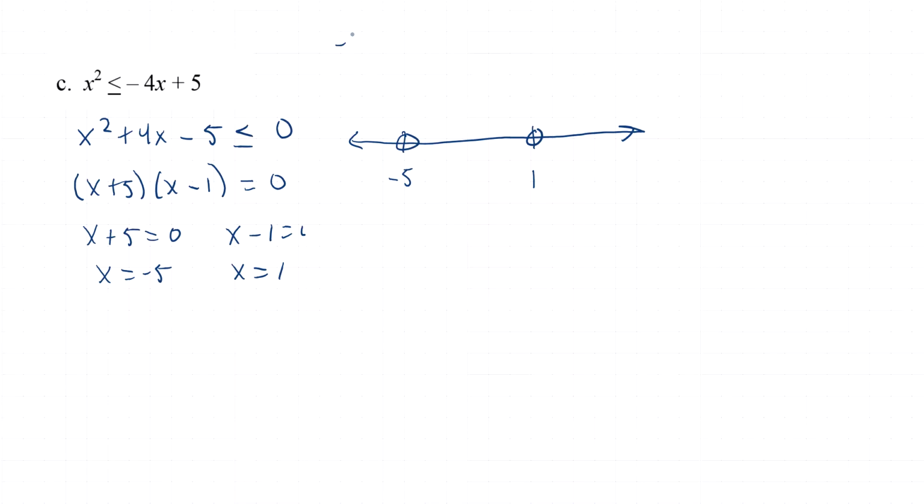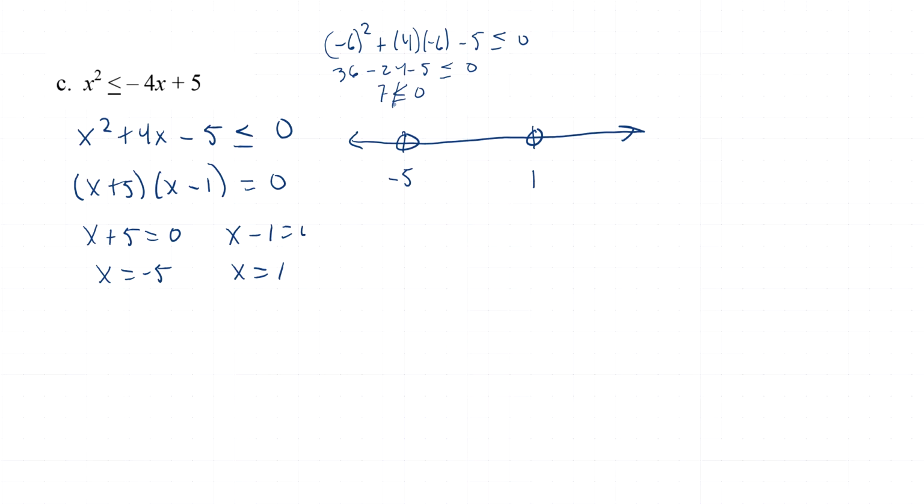Negative 6 squared plus 4 times negative 6 minus 5, is that less than or equal to 0? So then you get 36 minus 24 minus 5, which is 7. Is 7 less than or equal to 0?